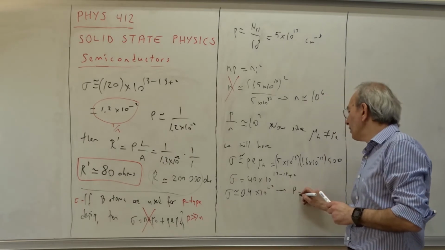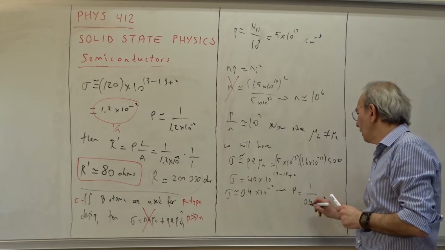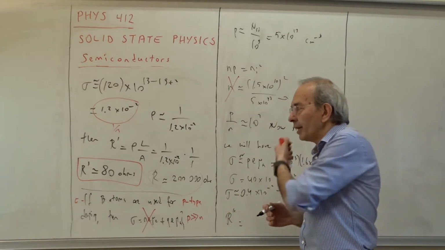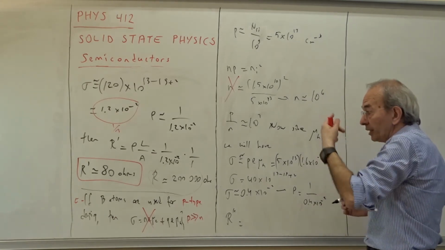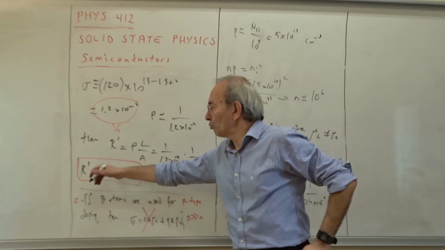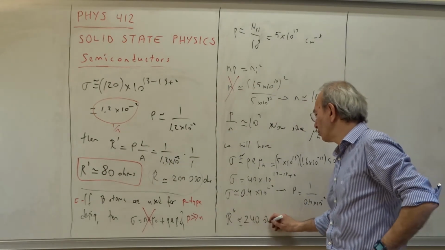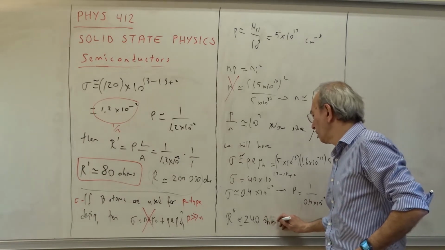So that rho will be 1 over 0.4 times 10 to the minus 2. And the final resistance R double prime will be, since rho is greater, almost 3 times, roughly 240 ohms. Alright, 240 ohms.